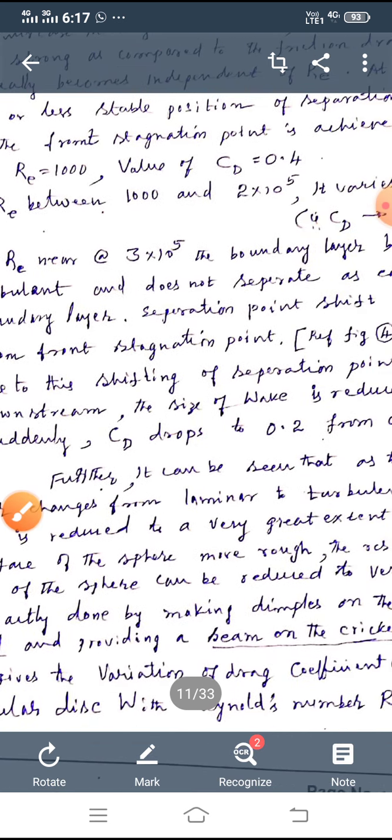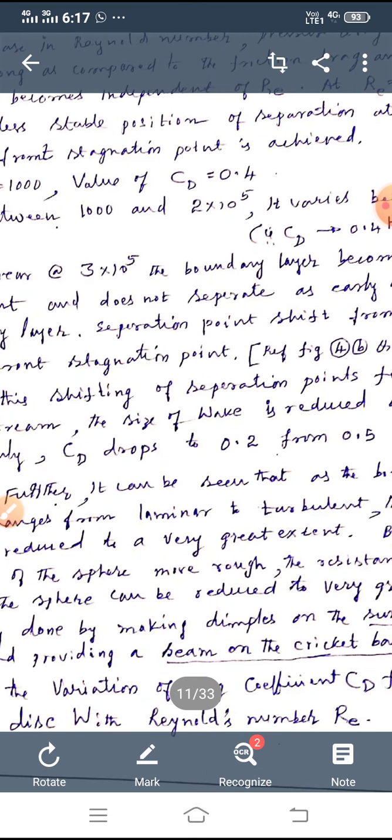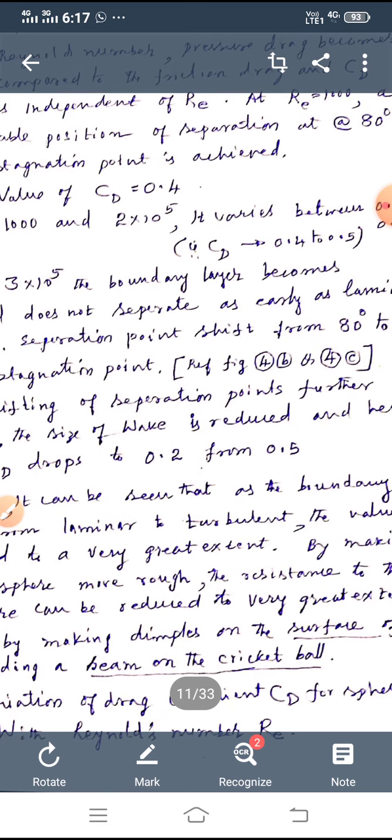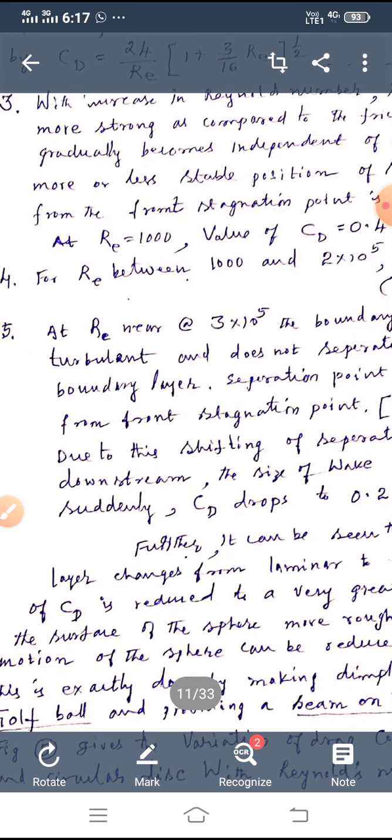At Re more than or about 3 into 10 to the power of 5, the boundary layer becomes turbulent. Up to that stage of 2 into 10 to the power of 5 value of Re, the boundary layer was laminar. Now it has turned out to be turbulent.